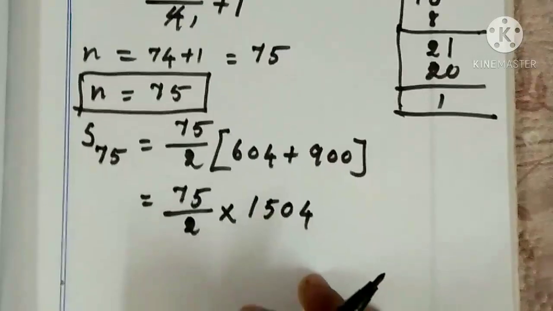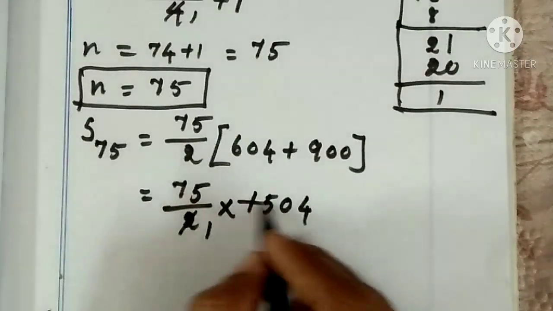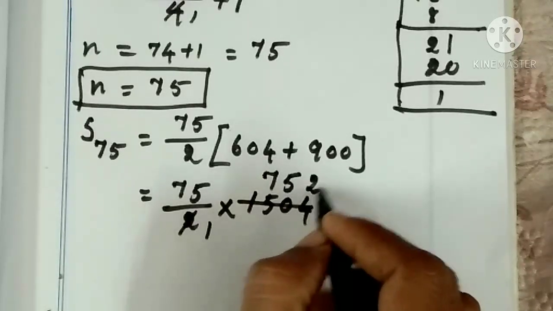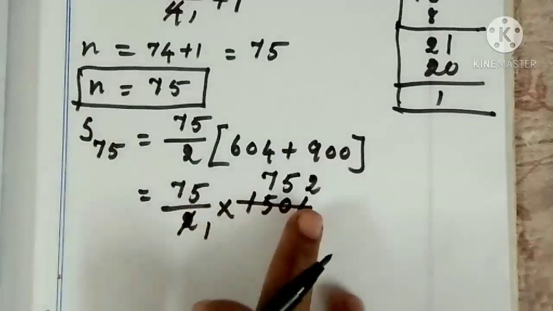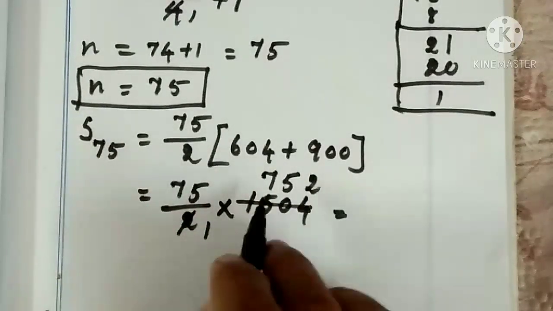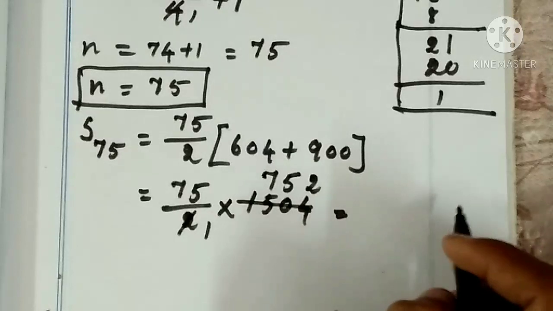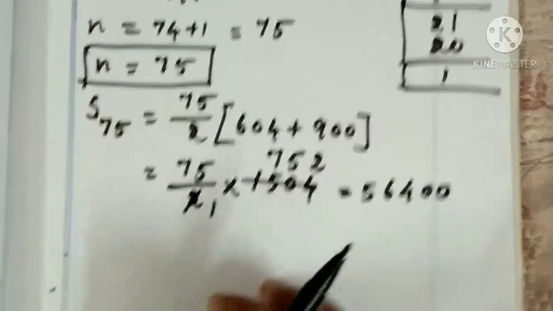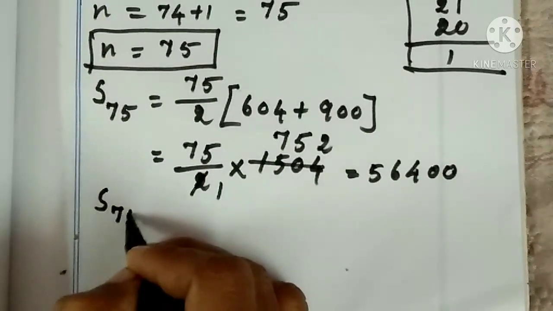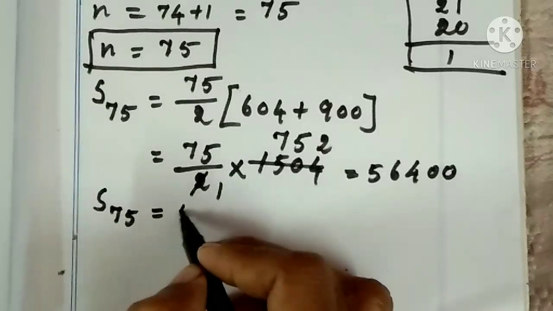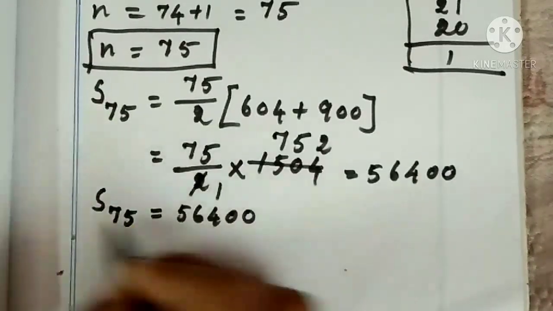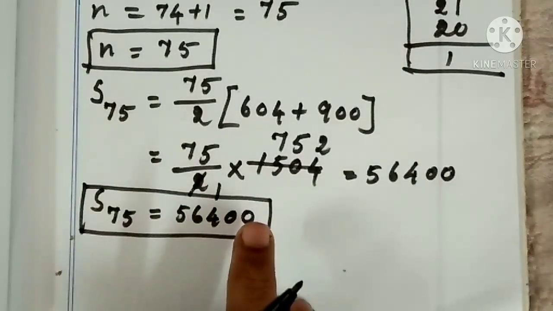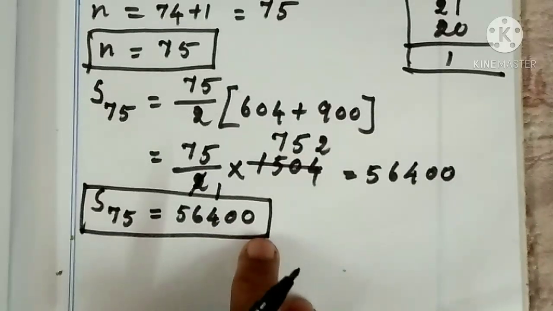Cancelling this by 2 table, we get 1 2 is 2, 7 2s are 14, remainder 1, 5 2s are 10, 2 2s are 4. Now multiply these two numbers, we get 75 into 752 is 56,400. Therefore, the sum of 75 terms is equal to 56,400. This is the sum of the numbers which are divisible by 4.